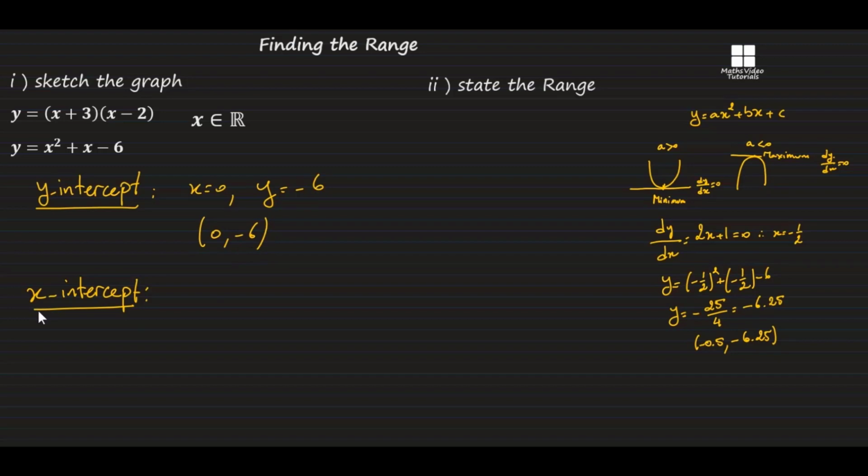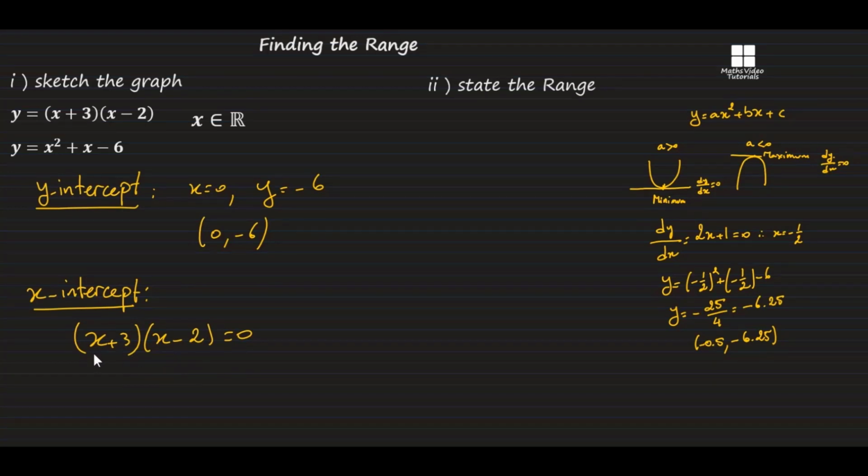For the x-intercept, this is where the graph crosses the x-axis. So to find the x-intercept, you need to make y equal to 0 and solve it for x. Solving it for x, we need to do bracket x plus 3, bracket x minus 2 is equal to 0.